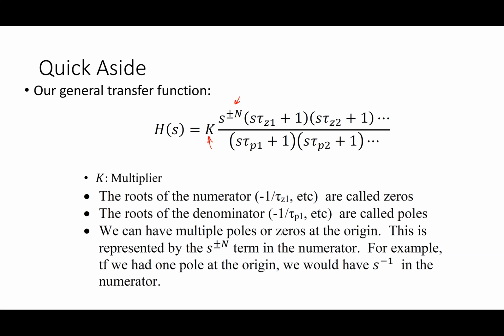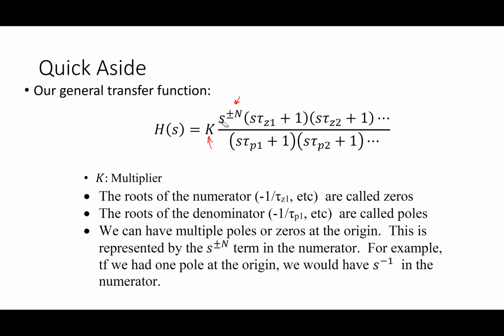What do I mean by the origin? If I have s in the numerator, that means I have a zero, and where is that zero? It's at 0, so it's at the origin when I draw the picture of the poles and zeros.